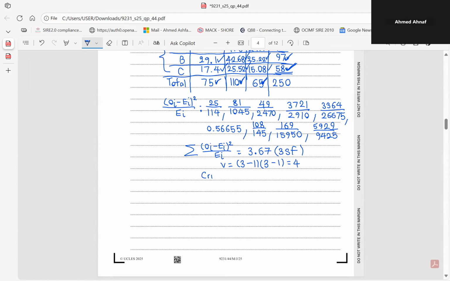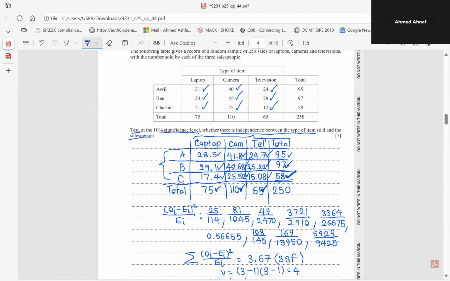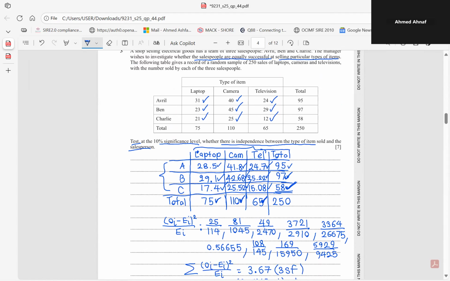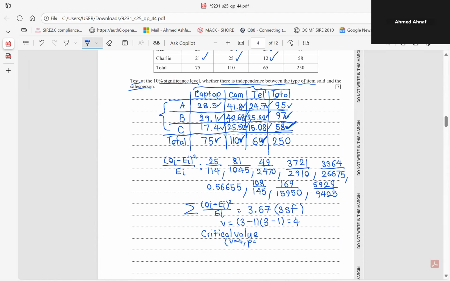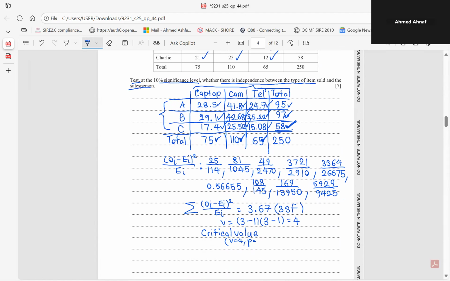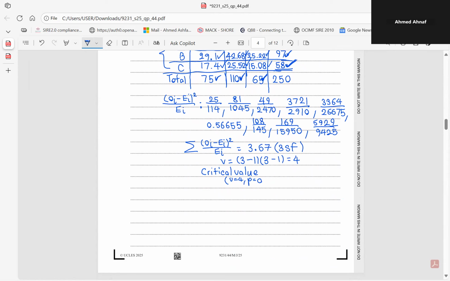So critical value: degrees of freedom is 4 and the chi-square is always a one-tailed test. So it's 100 minus 10%, you get 90%, so 0.9.